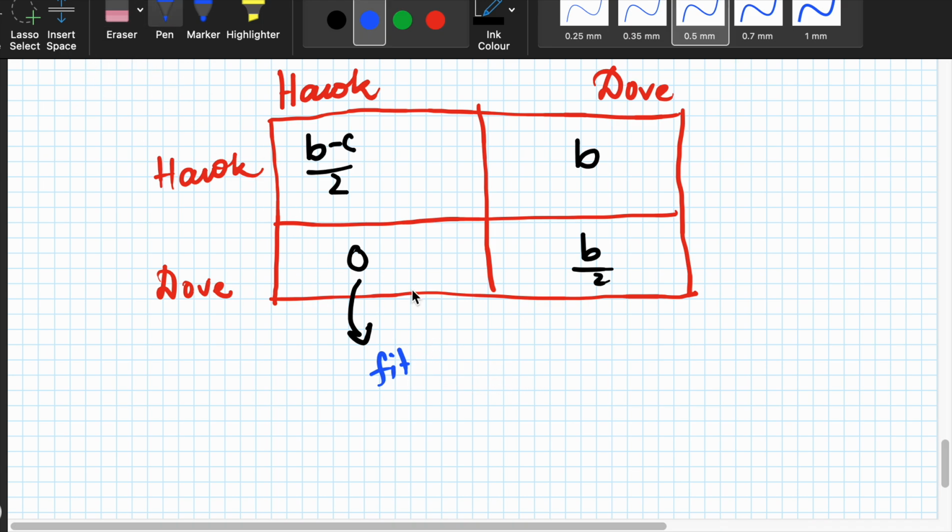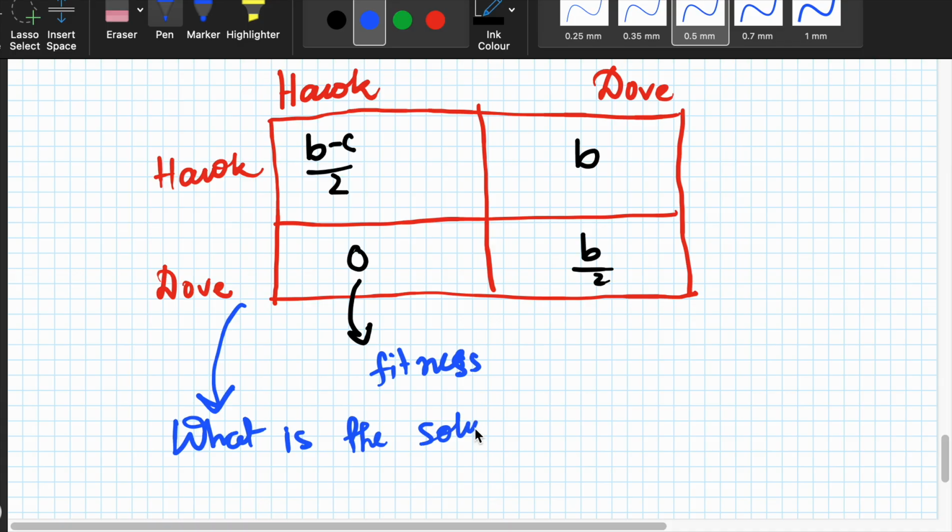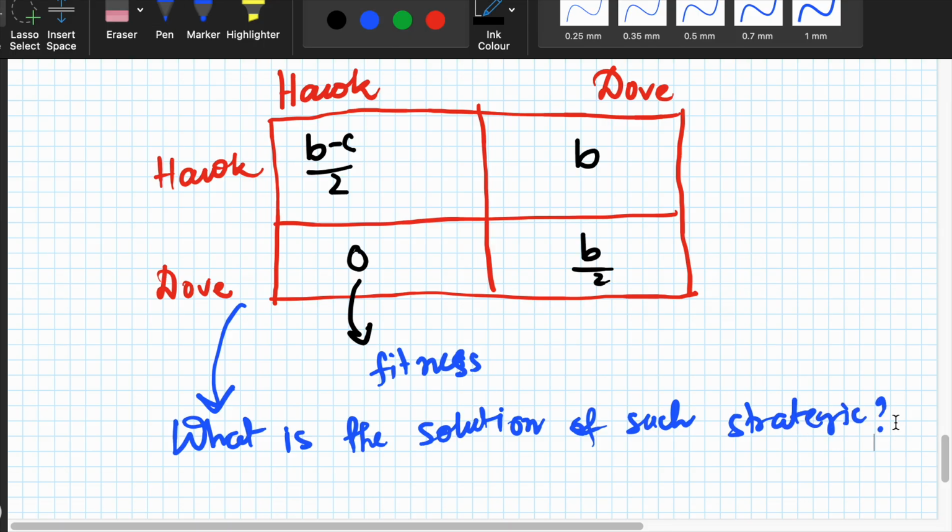So now the next question is, what is the solution of such a strategic interaction? It is not very obvious what the solution would be, because they cannot take decisions.